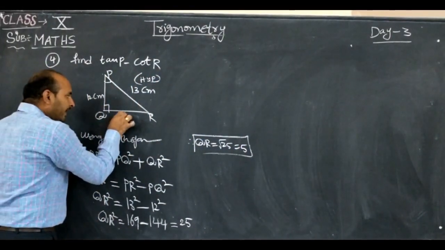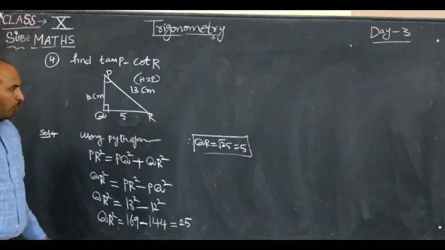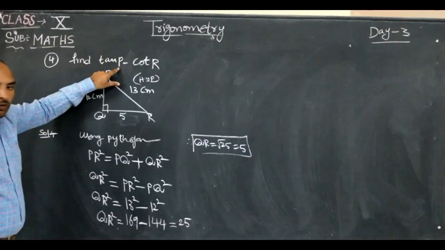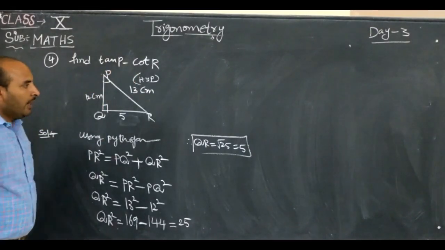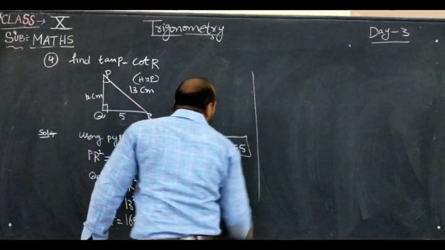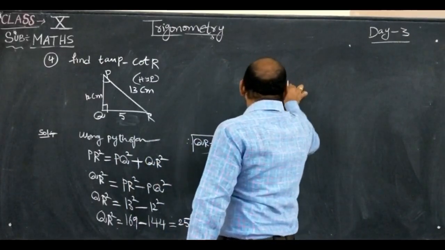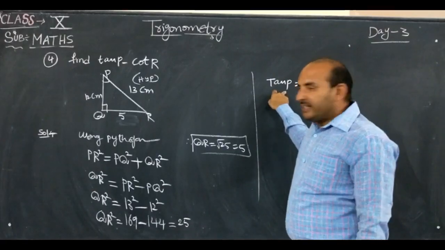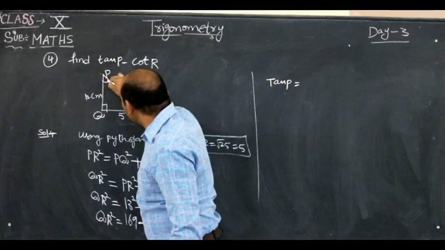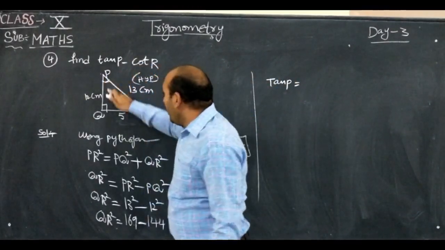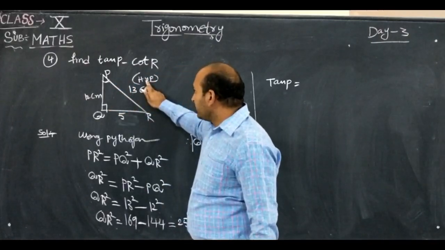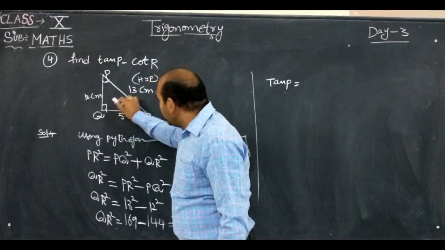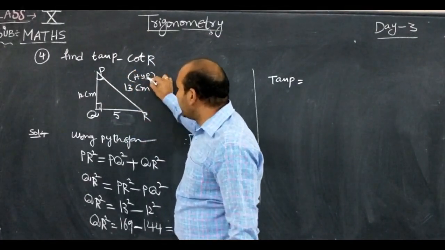This value is clearly 5. Now coming to the problem here, first you have to find out tan P, next cot R. Tan P: here the angle is present at P. So this is exactly the hypotenuse, because 90 degrees is exactly opposite to the PR side, that is the hypotenuse.